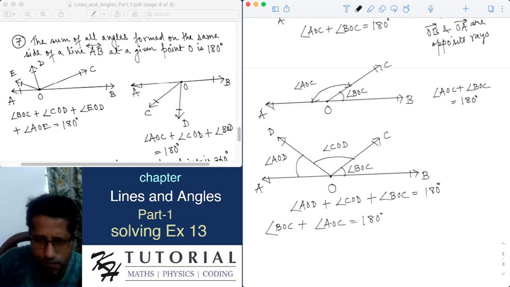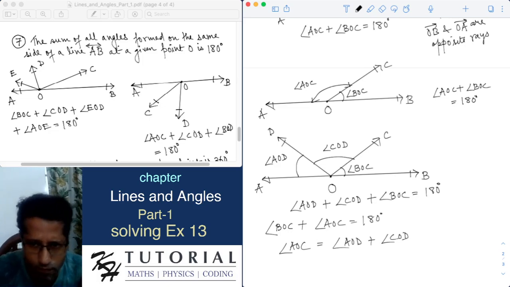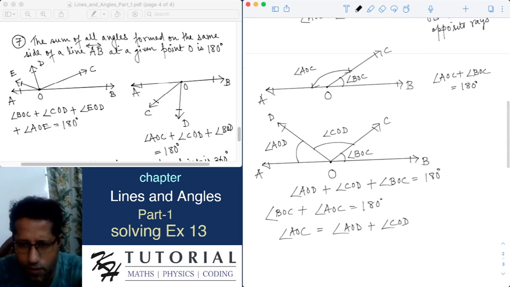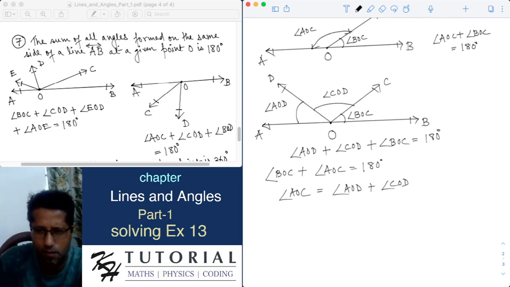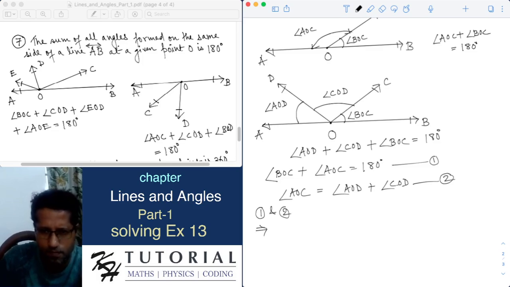The angle AOC got divided into two angles, angle AOD and angle COD. (2) Now from 1 and 2, if we substitute angle AOC with angle AOD plus angle COD in 1, we get angle BOC plus angle AOD plus angle COD equals 180 degrees.